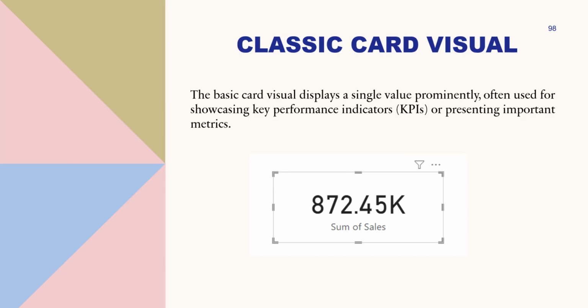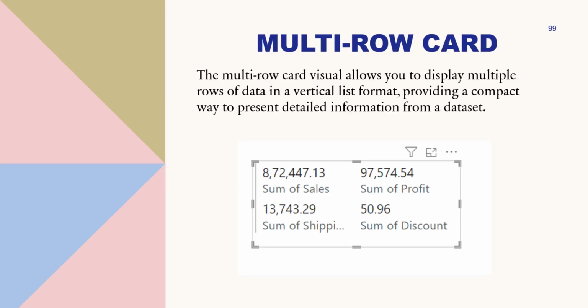The classic card is the basic card visual, displaying a single value, often used for showcasing a key performance indicator, presenting the important metrics. Here you can see the sum of sales card visual. The classic card visual is showing the sum of sales value. Next is the multi-row card.